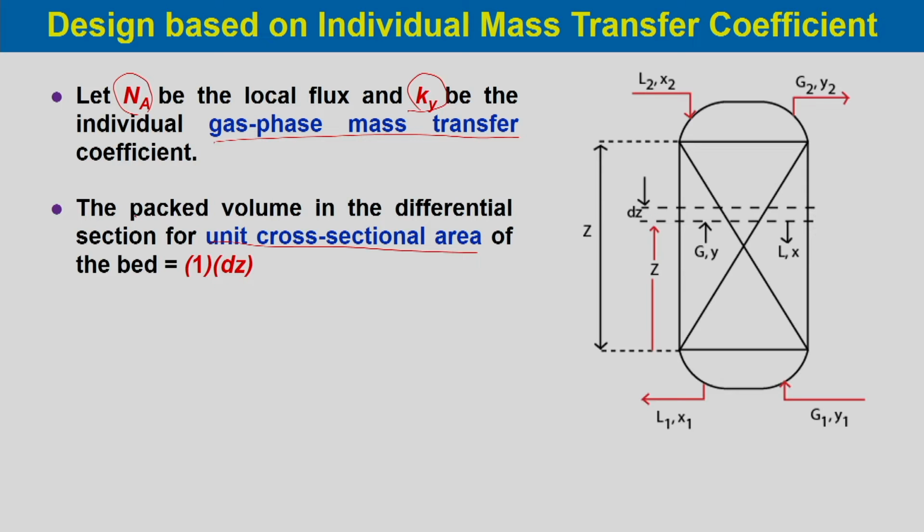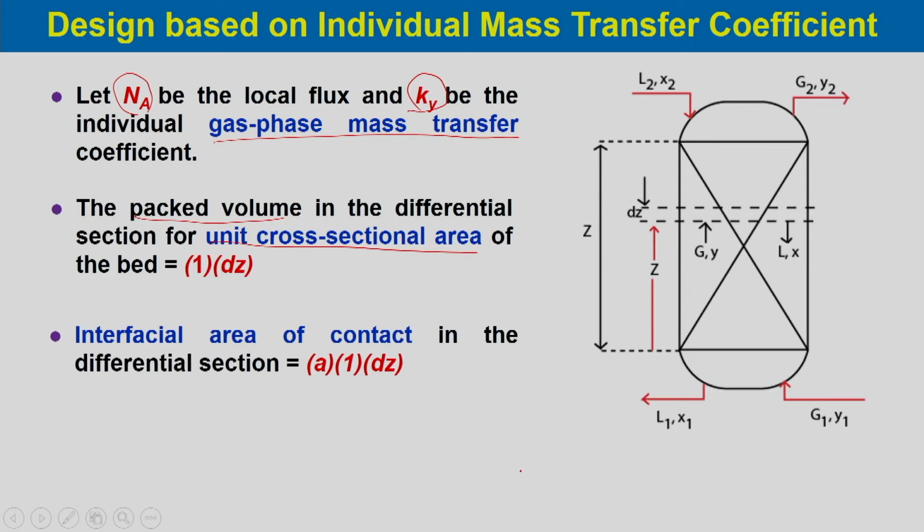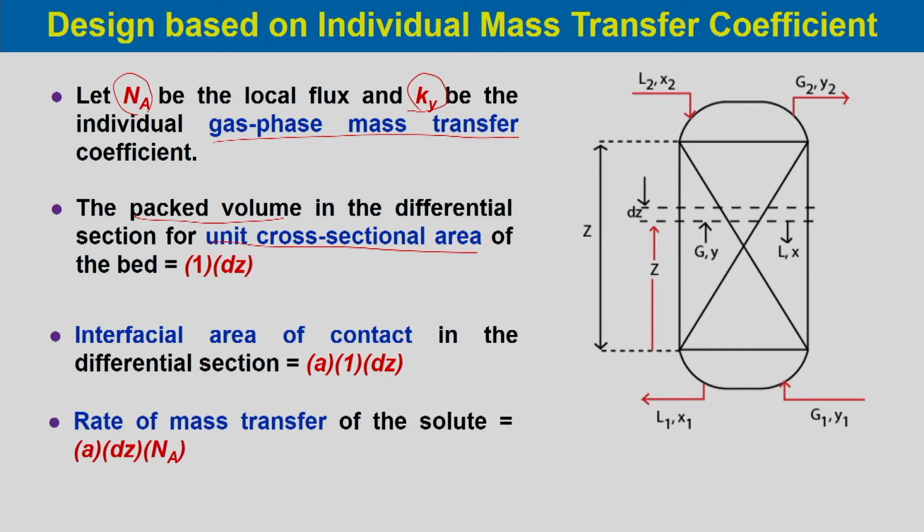So, that is the packed volume. Now, the interfacial area of contact in the differential section is a into 1 into dz. So, this is the interfacial area of contact. The rate of mass transfer of the solute would be a dz into Na.